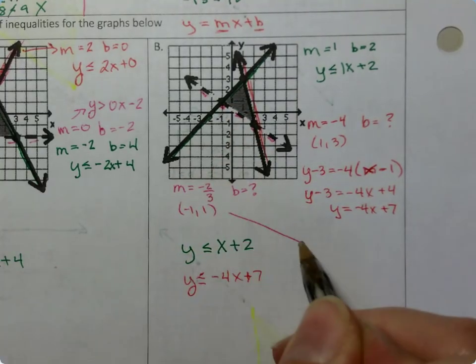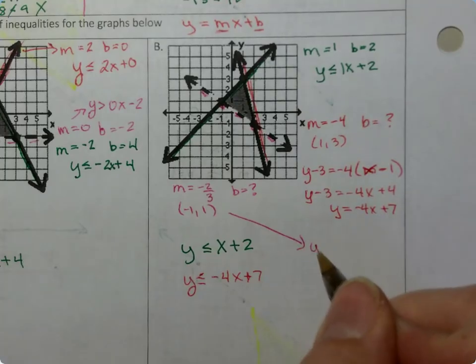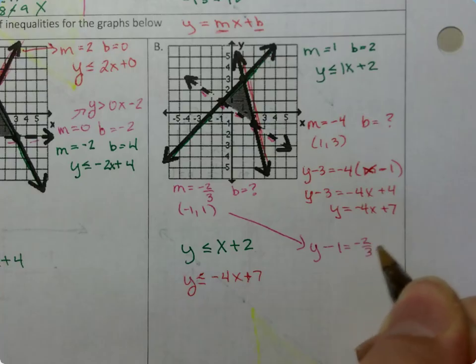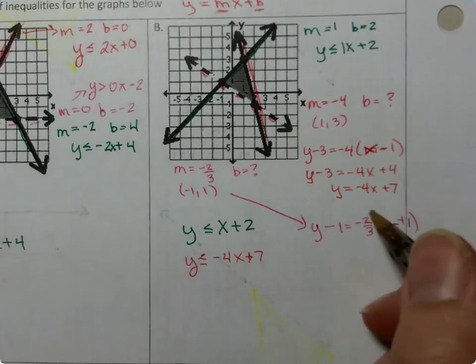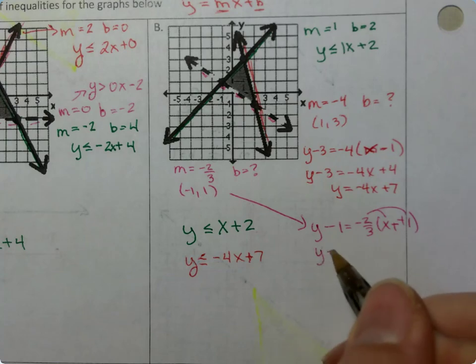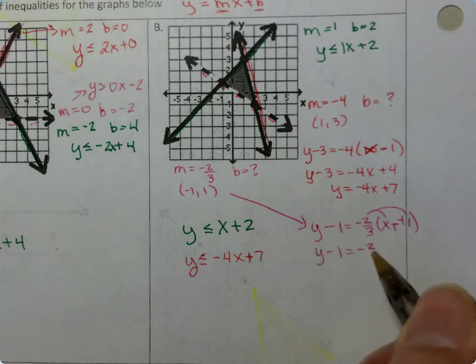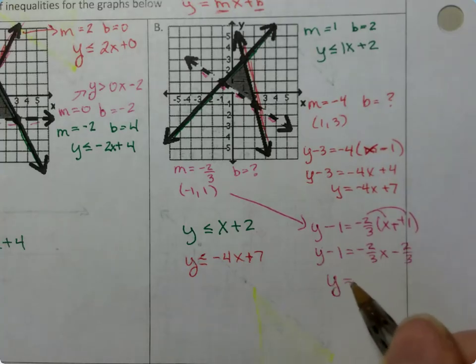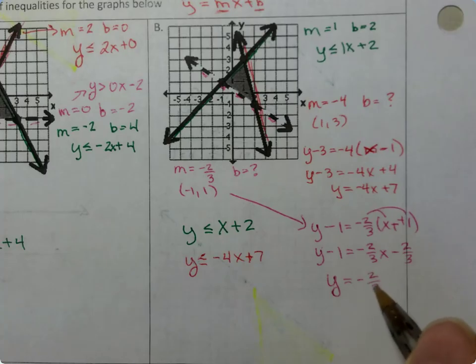All right, I'm going to do my work over here. Here we go. y minus 1 equals my slope times x minus a -1, which is going to become positive. Distribute your -2/3, and we get y minus 1 equals -2/3 x minus 2/3. And then I'm going to add 1. Now, you want to get your little calculators out? You can.